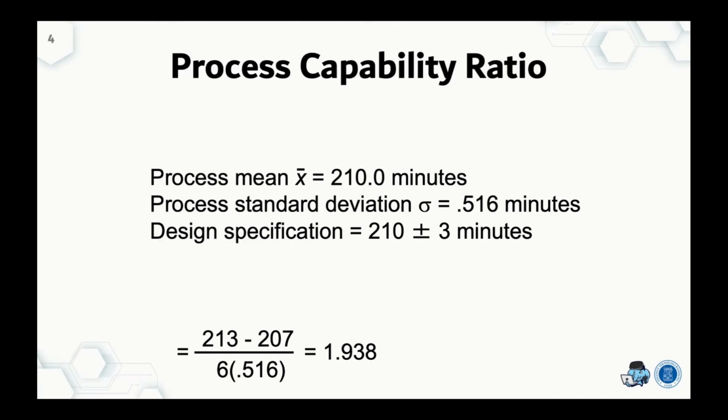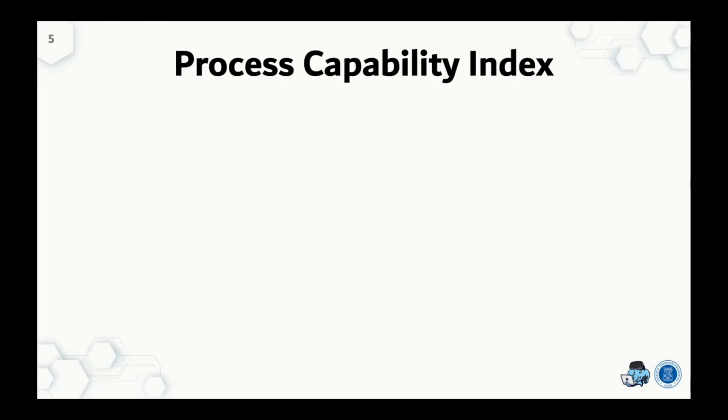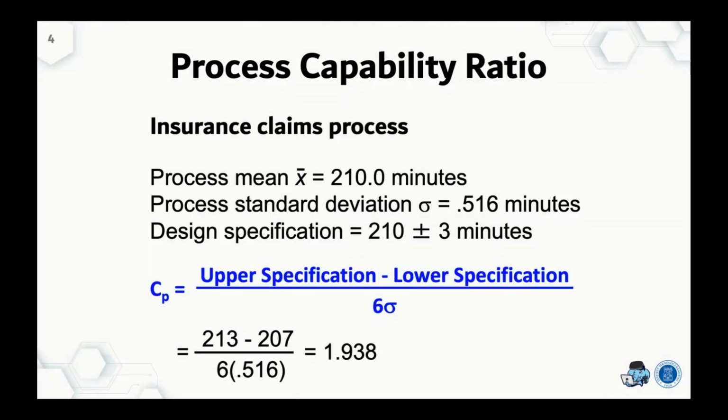Take a look at this simple example about the insurance claim process. We know that the process mean is equal to 210 minutes, where the standard deviation is 0.516 minutes. The design specification in this case is 210 minutes plus or minus 3 minutes.